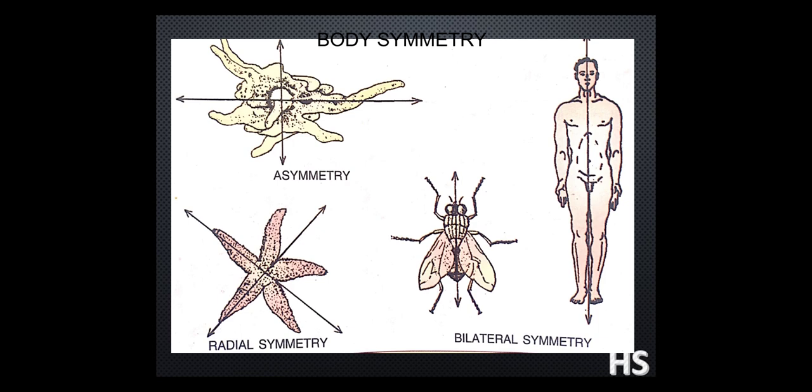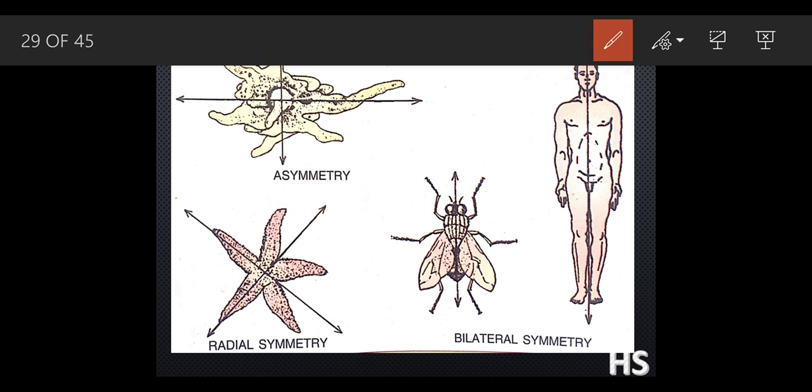Now let's understand body symmetry first, because I'm going to start with a new phylum, that is Arthropoda. But before starting this phylum, let's understand this part. Symmetry is a mathematical term also. Symmetry means being divided into equal parts.